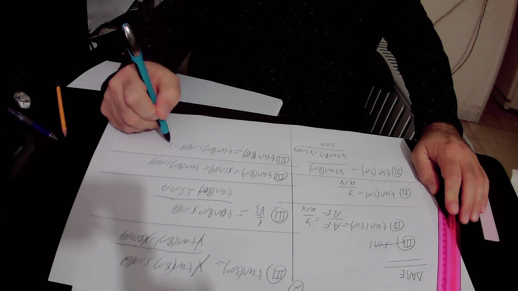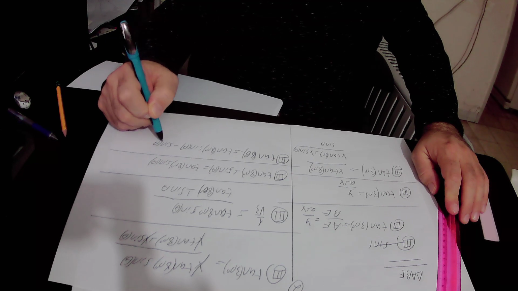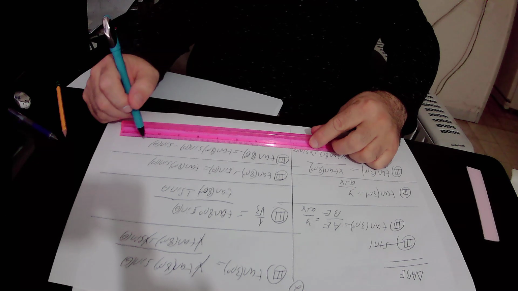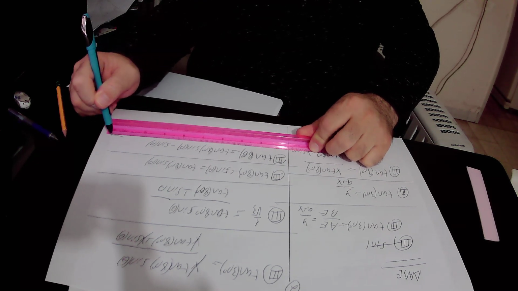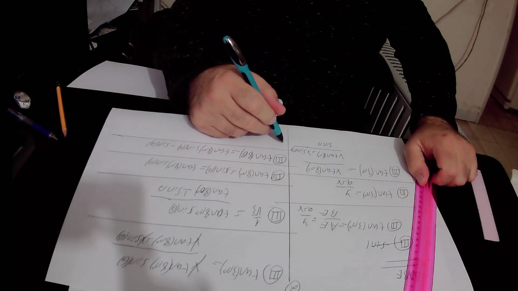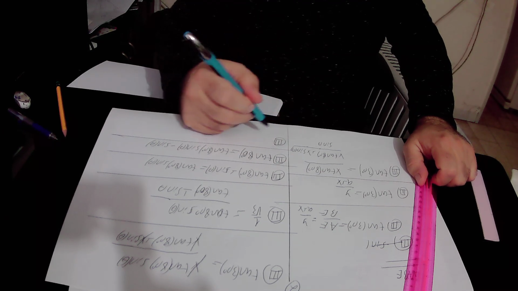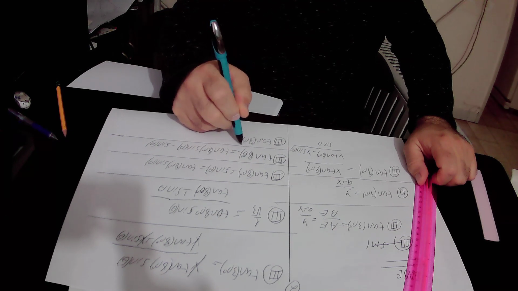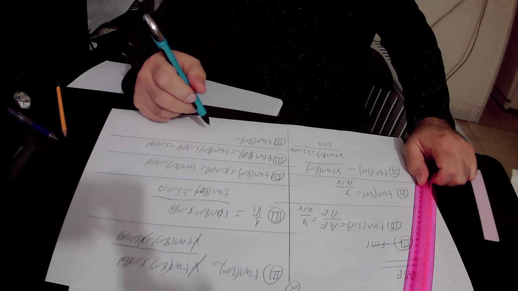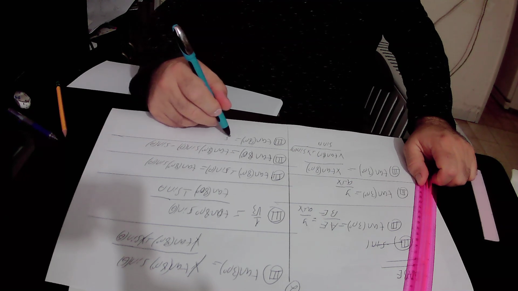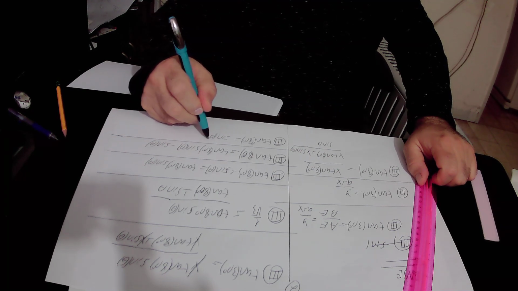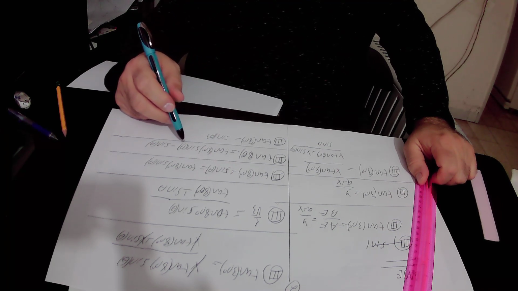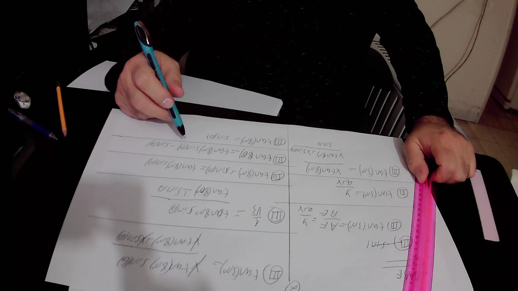minus sine theta. So here we will take out sine theta as a common factor from this side of equation number 3. What is left from this expression after we took sine theta as a common factor?